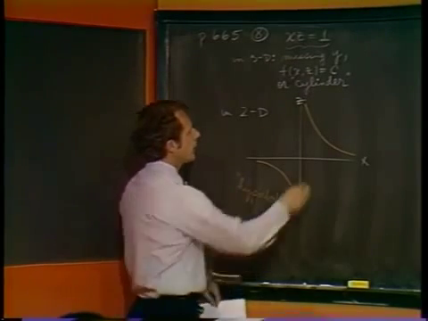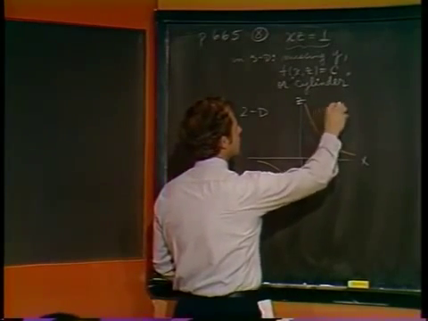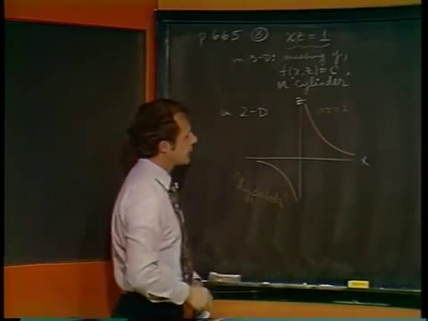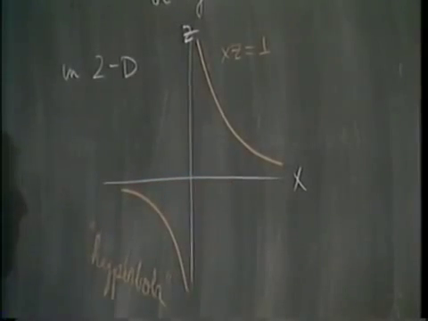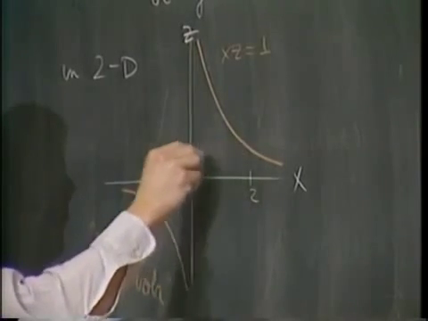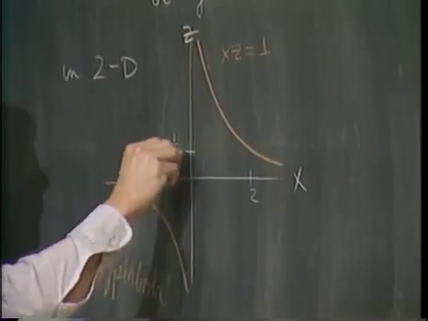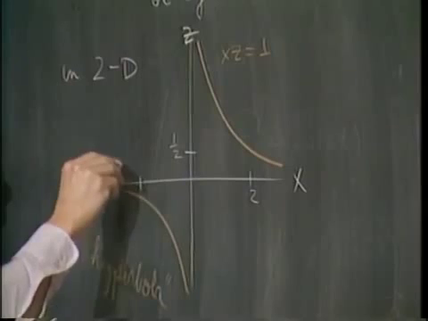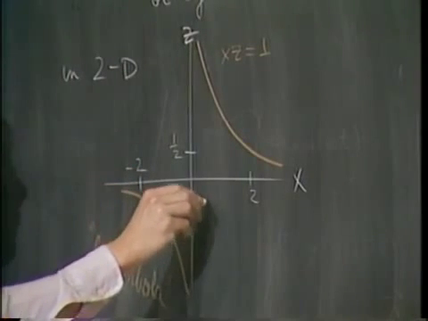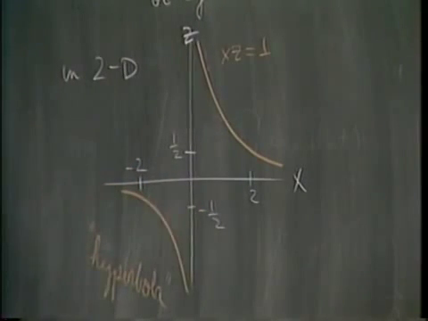Okay, so this is xz equals 1. For example, if x is equal to 2, then the corresponding z value is 1/2. If x equals minus 2, the corresponding z value is negative 1/2, etc. So you get a plot that looks something like that.